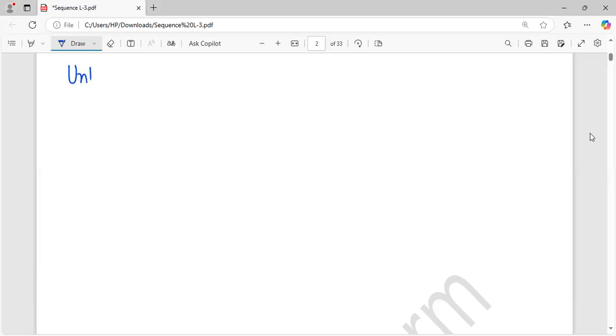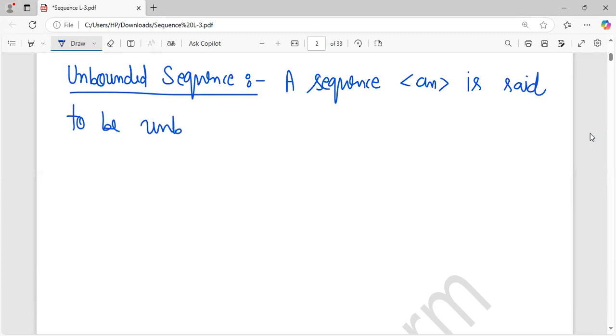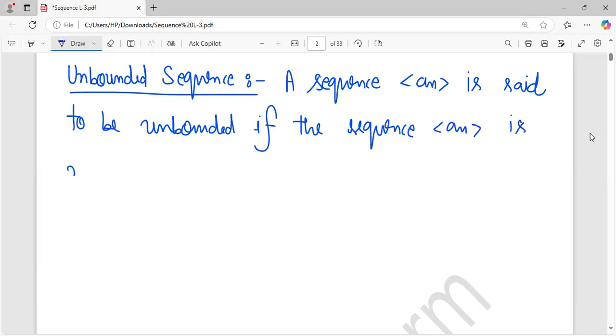Unbounded sequence. A sequence a_n is said to be unbounded if the sequence a_n is not bounded.